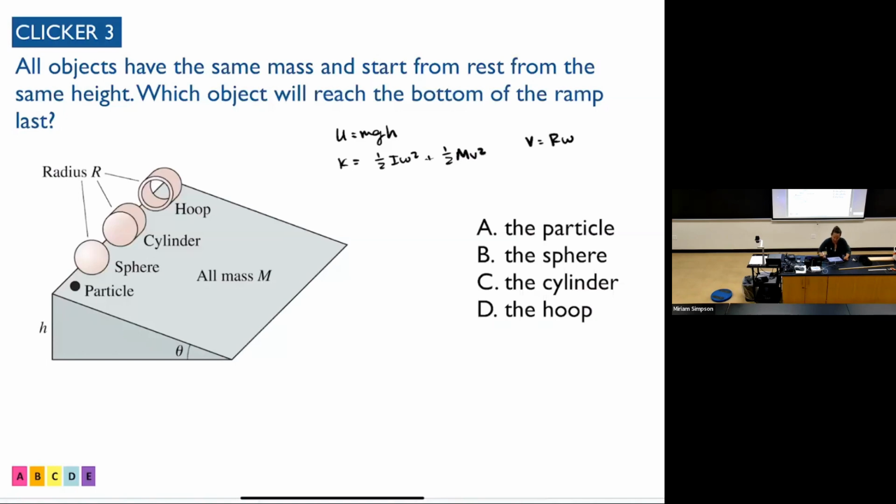Okay, let's start with the particle. So kinetic energy for the particle, that's going to be 1/2. What's the moment of inertia for a particle? It's just mr squared, right? Because you don't have to integrate anything. So it's 1/2 mr squared omega squared, plus 1/2 mv squared.